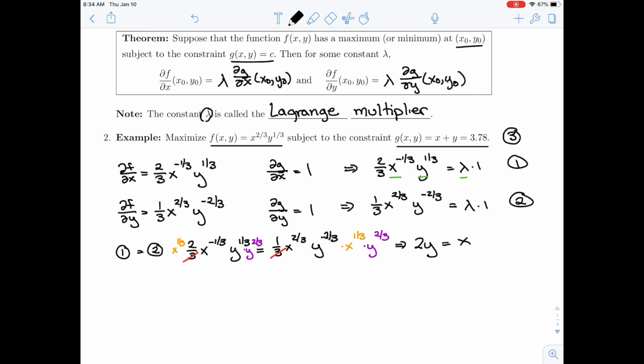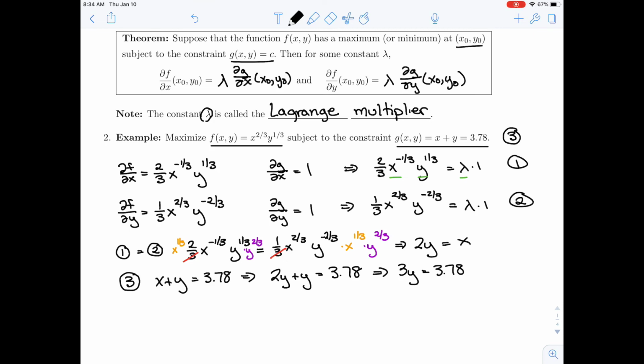Now that I have that relationship, I can substitute that into equation 3. So x plus y equals 3.78 means that really 2y plus y equals 3.78. And that tells me that 3y equals 3.78.